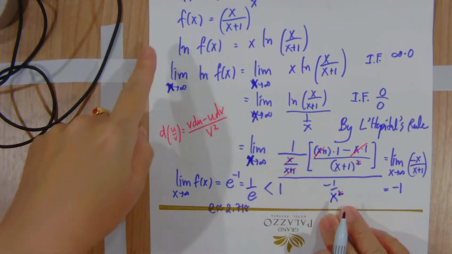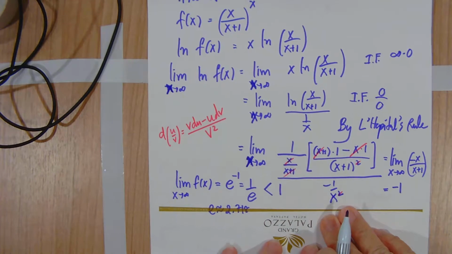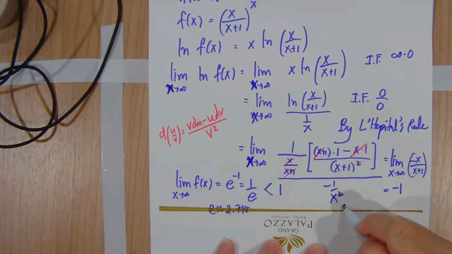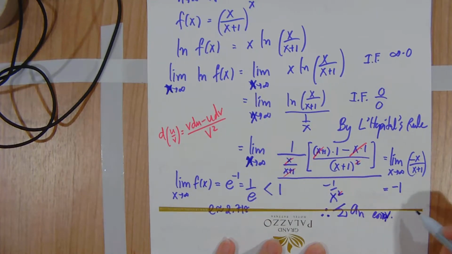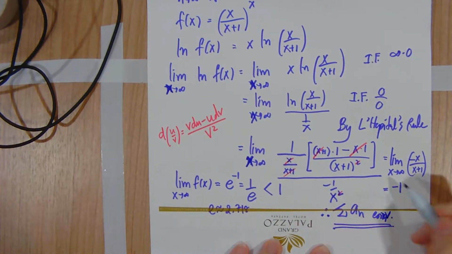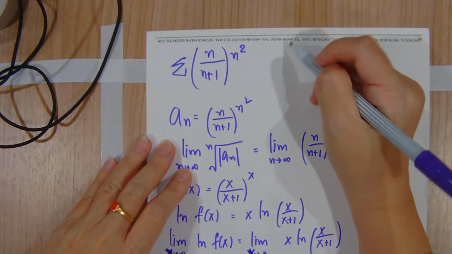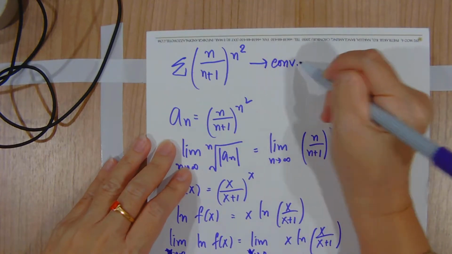Then from the properties of the root test, when the limit is less than 1, the series converges, right? So you can answer that this series converges. Okay, so this is right. You got that, this converges.